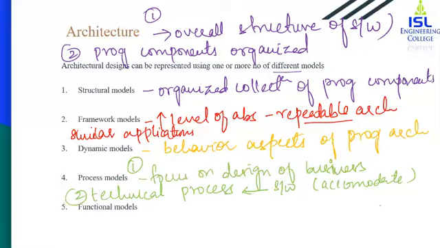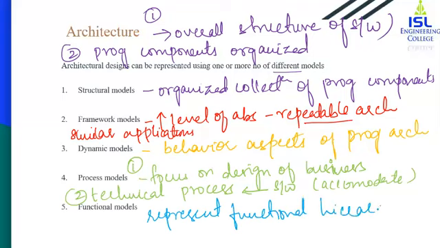Then the next one is the functional model. This functional model can be used to represent a functional hierarchy of the system.